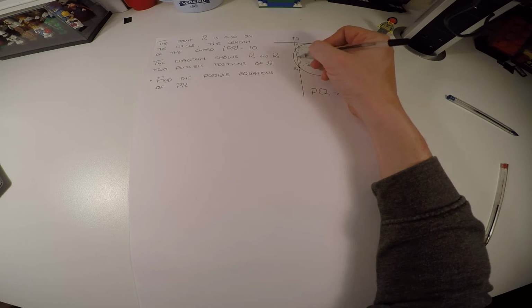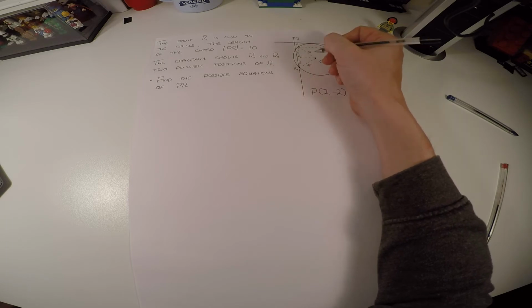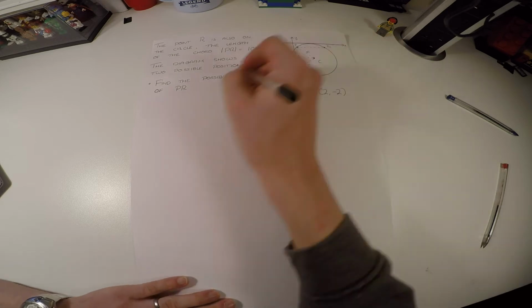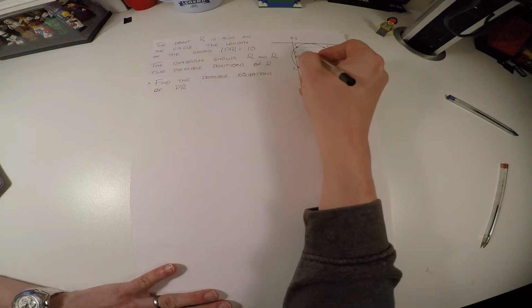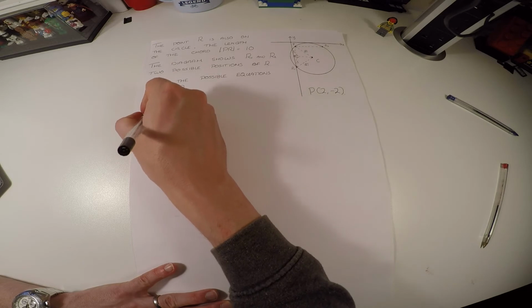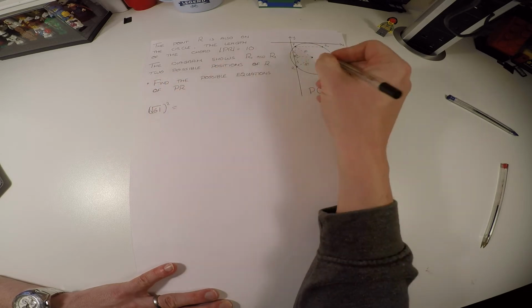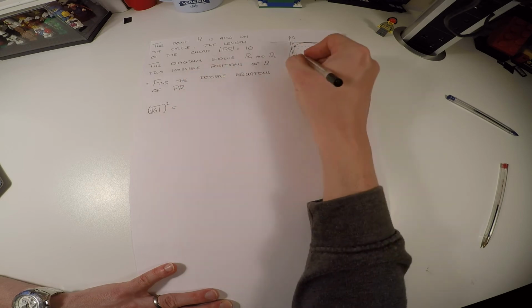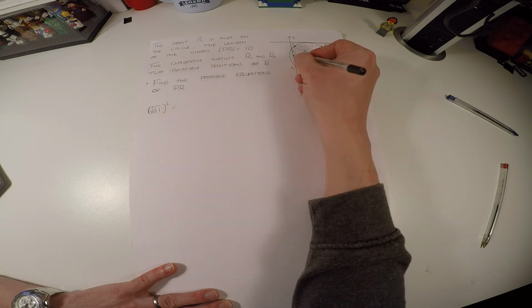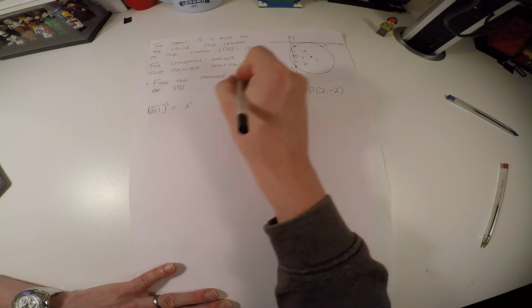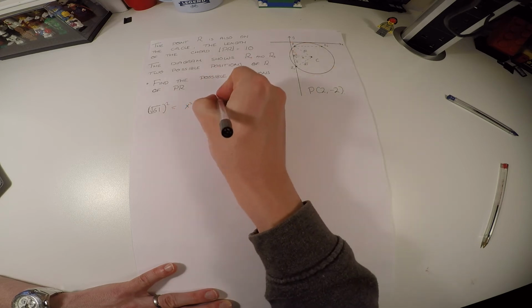Now look at these two right angle triangles. I can get the distance from C to O by using Pythagoras' theorem. We have the hypotenuse of root 61, so root 61 squared should be equal to this distance, which we don't know, let's call it x for the time being, x squared plus 5 squared.